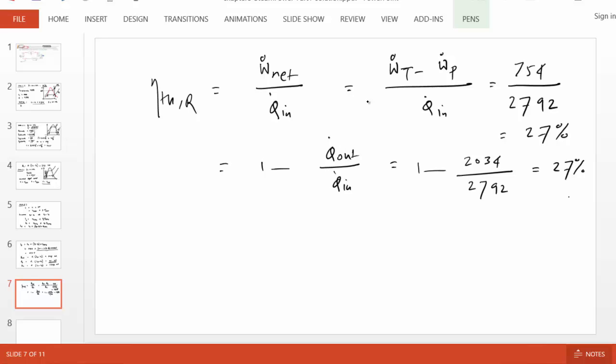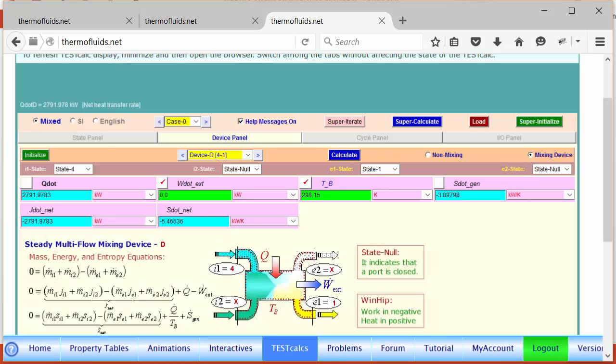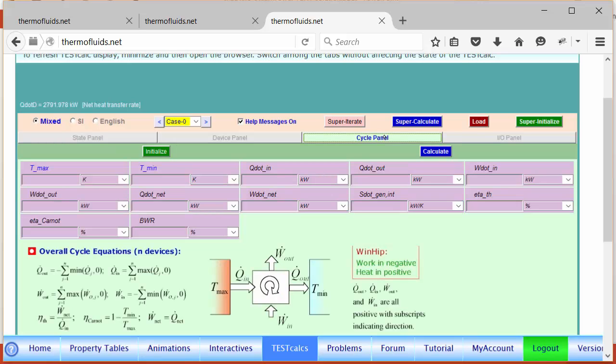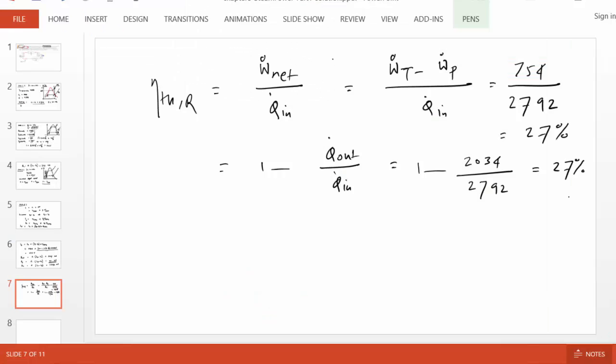If we go back to TEST, in the cycle panel, now that we've calculated all the states, all you have to do is click on the calculate button, and the thermal efficiency is produced here. All the quantities of the cycle are given here. So we have completed the problem as stated.